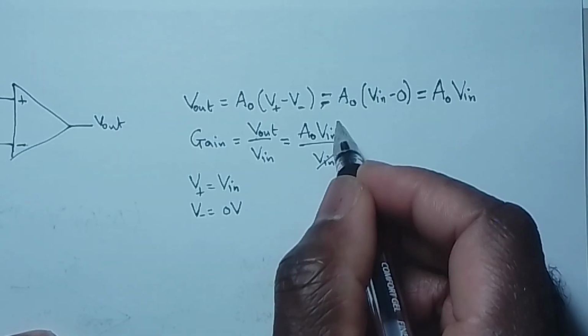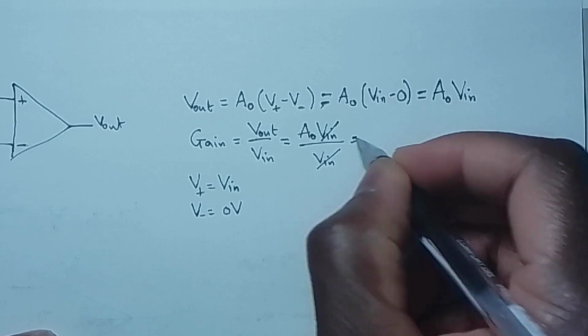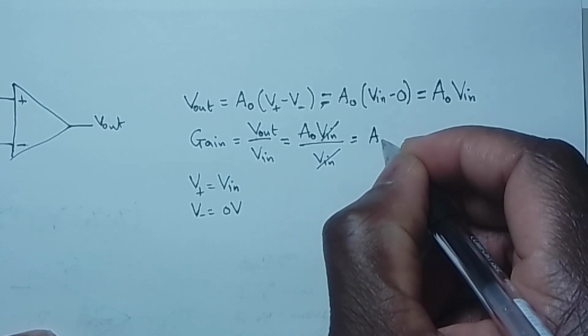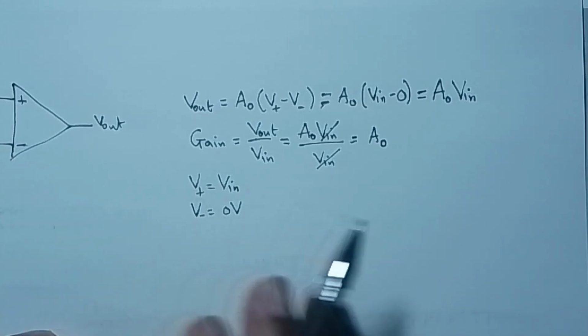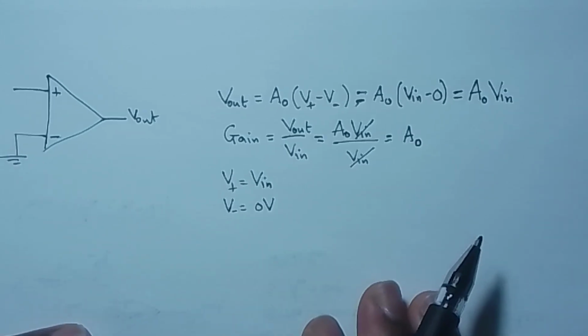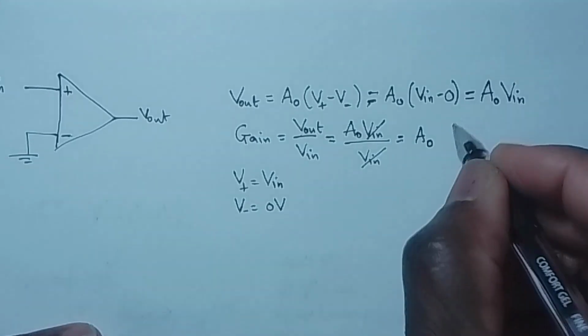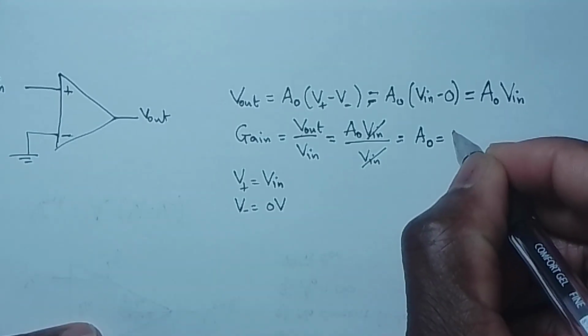So V in cancels out, and we get the gain to be the open loop gain. But we know by definition that for an ideal op amp, the open loop gain is infinite.